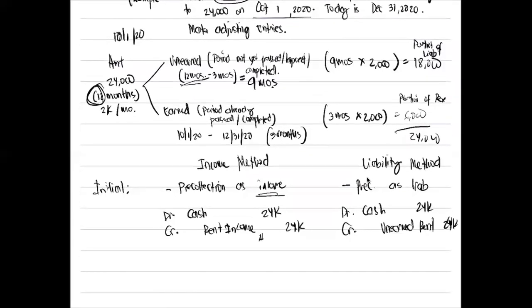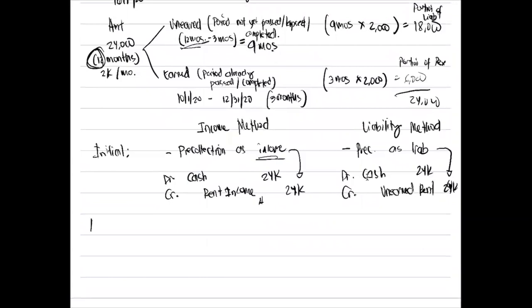Under income method, ang initial entry mo, yung pre-collection, i-record mo as income. Kaya nga dito ay rent income. Sa liability method naman, yung income mo, initially, i-record mo as unearned rent income. Kasi nga, i-record mo siya as a liability.